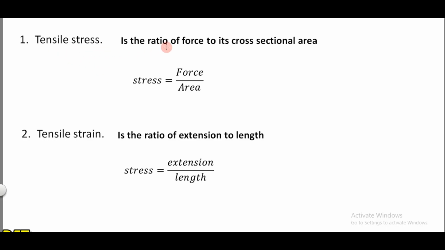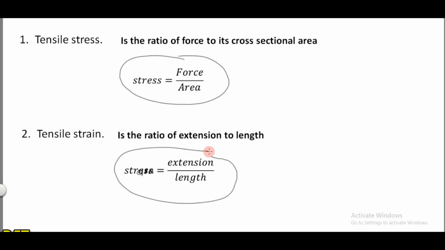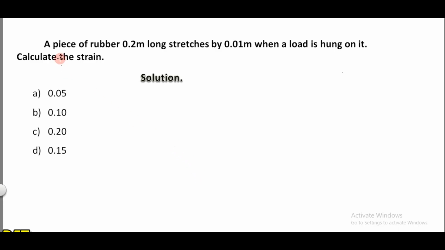Tensile stress is the ratio of force to its cross-sectional area. Tensile strain is the ratio of extension to the length of an elastic material.